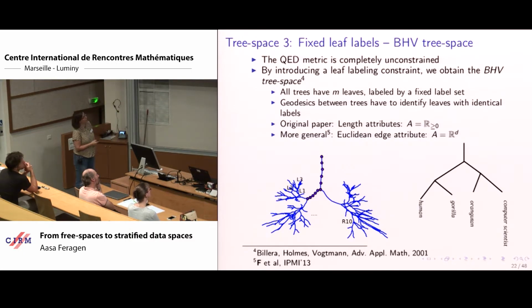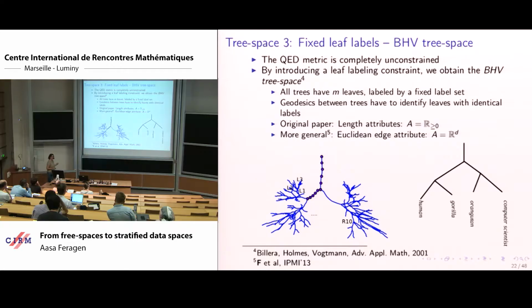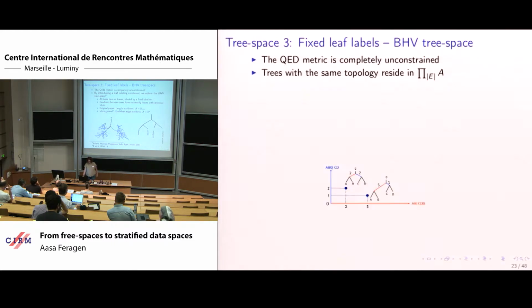And you also constrain the geodesics between trees to have to identify leaves with identical labels. In the original paper, where they developed this for phylogenetic trees, they use length attributes on the edges, but everything carries over to using Euclidean edge attributes, which allows you to have shapes with similar constraints.